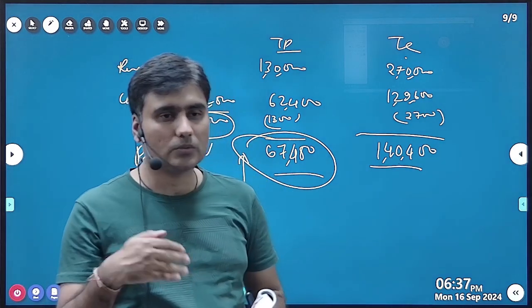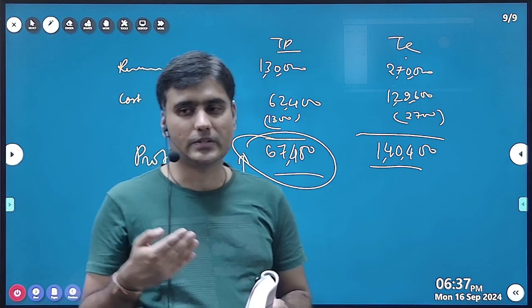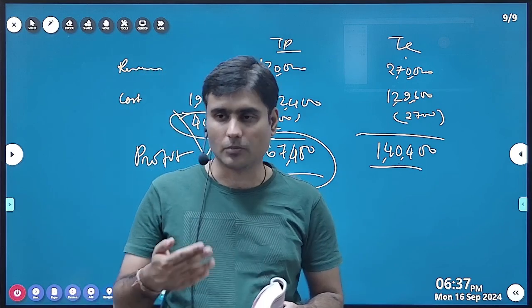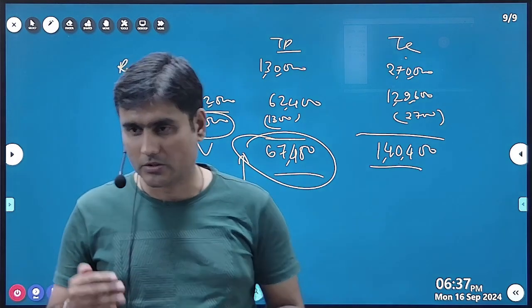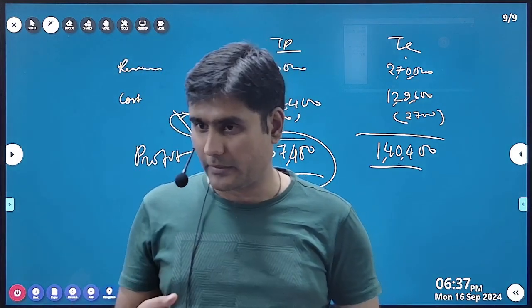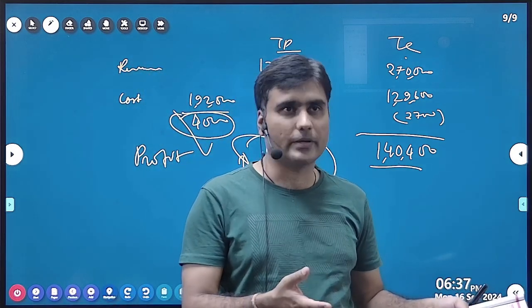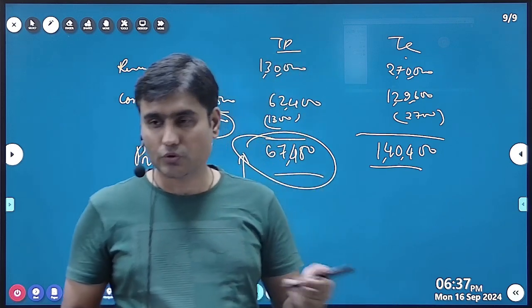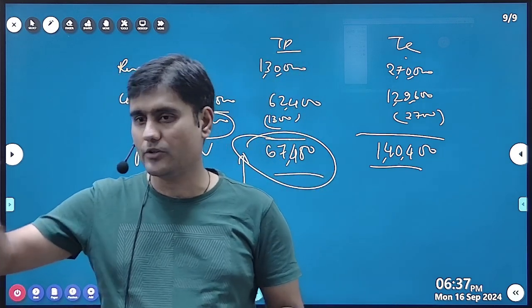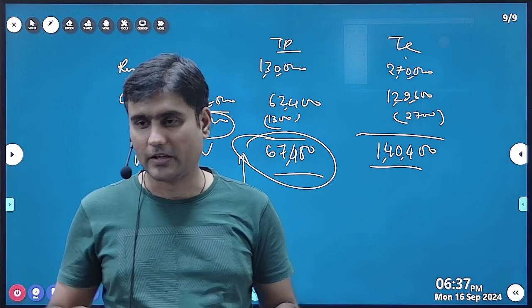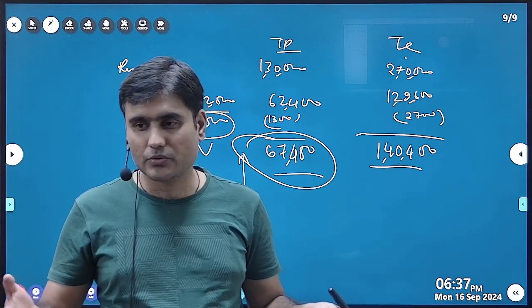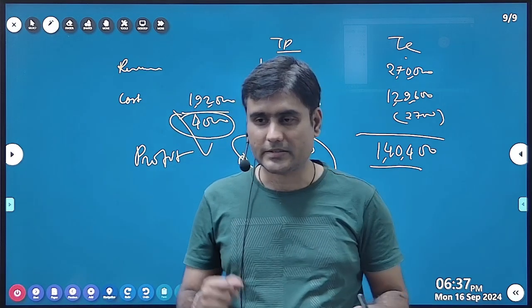But now the overhead cost has increased with the advancement in technology. Robots have come in, and the costs of direct material and direct labor have reduced. We don't use labor much nowadays, we use machines. Even in land filling we use a JCB, whereas earlier 10 to 12 people worked at the site.